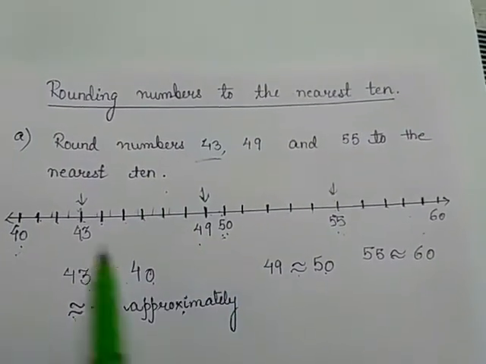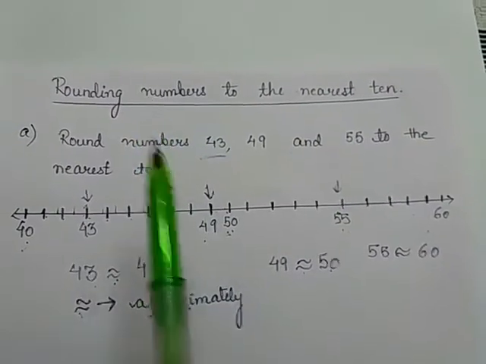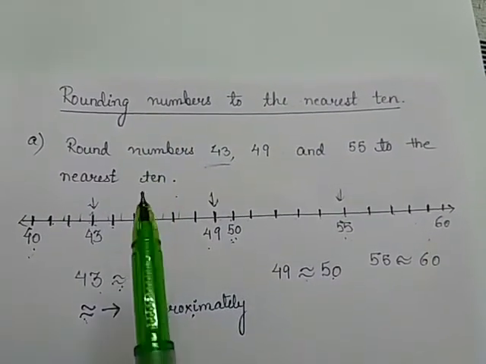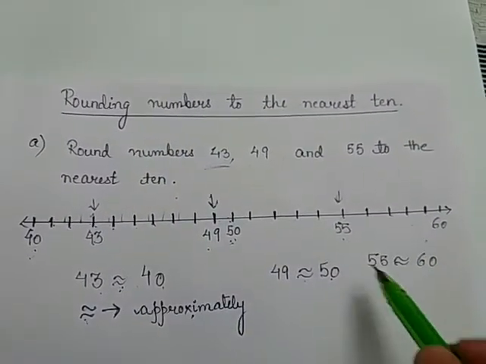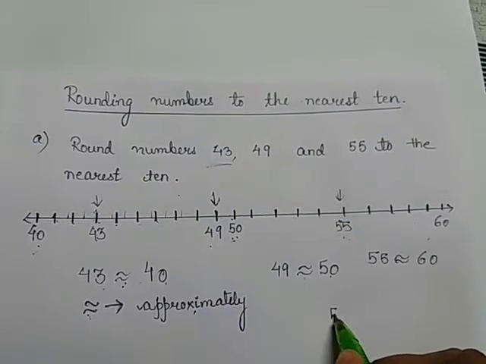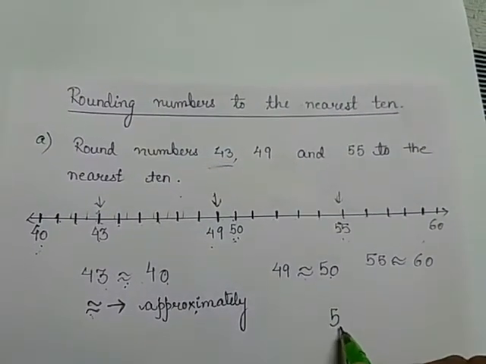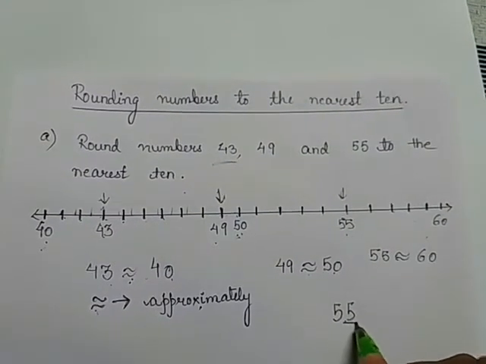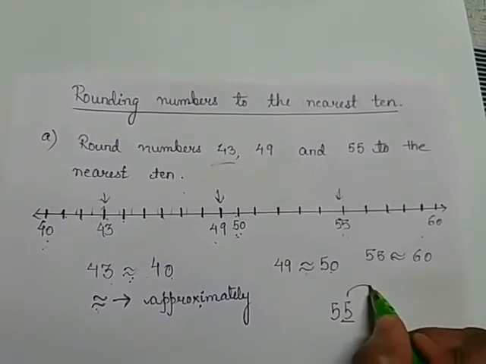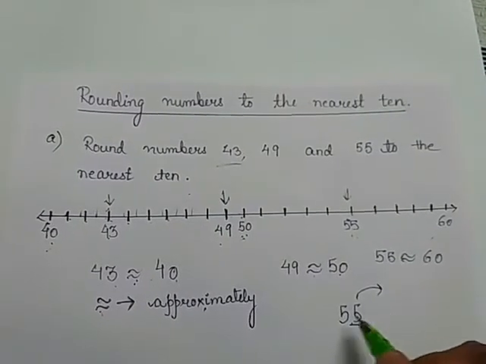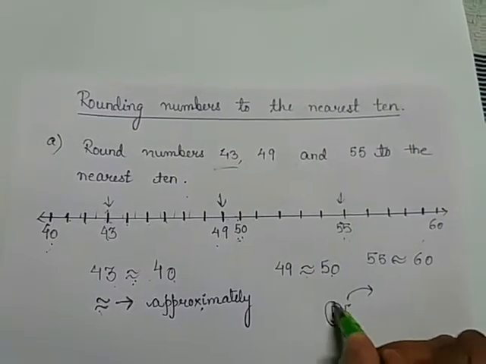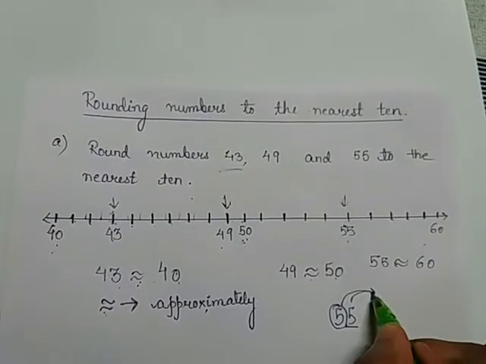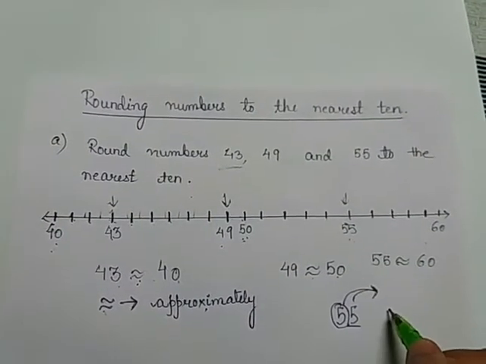And also, with the help of the two rules that we have studied, if the number just to the right of the digit we want to round off is 5, in that case the digit at the tens place will always round up.